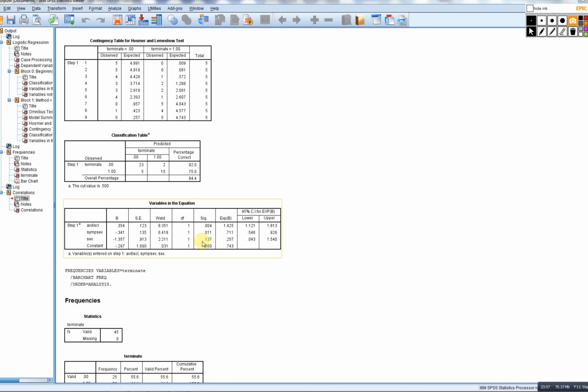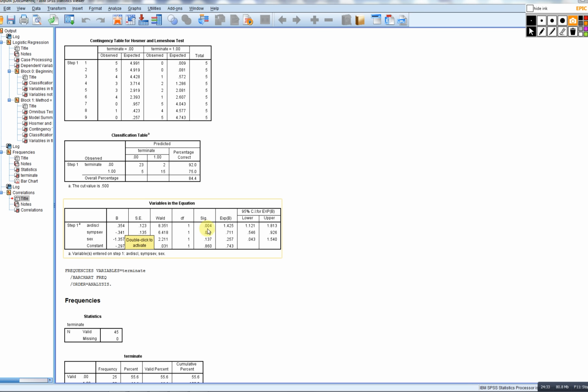Looking at the avoidance of disclosure measure, we would interpret the regression coefficient to mean that for every 1 raw score unit increase on avoidance of disclosure, we have an increased likelihood that the person terminates within the first 2 months. More specifically, the log odds of falling into the terminate group increases by 0.354, and that predictor is statistically significant.